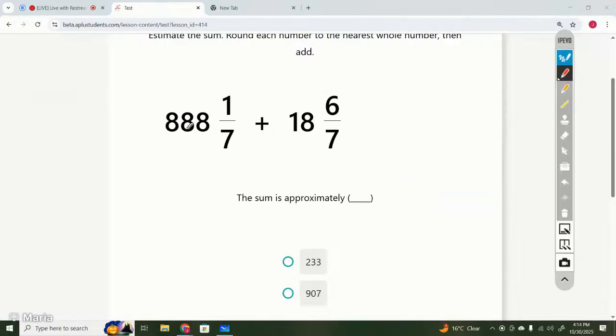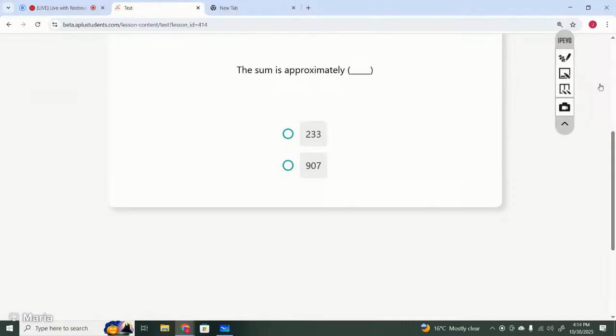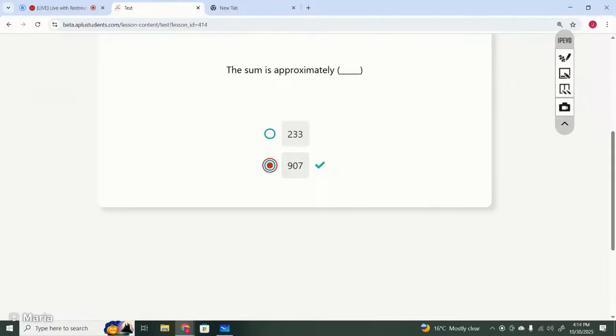That would be less than half, so it would be rounded to 888. Then we have 18 whole 6 by 7. 6 by 7 is more than half, so it would be rounded to 19. 907 is the correct option.